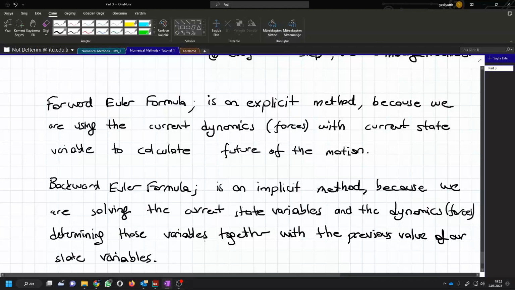I hope I didn't make a mistake in this sentence. Backward Euler formula is an implicit method because we are solving the current state variables and the dynamics determining those variables together with the previous value for state variables. Okay. It seems okay.